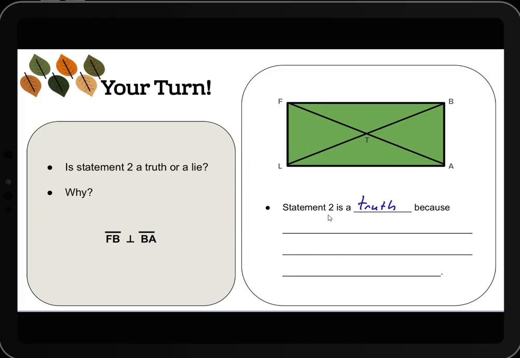And the reason why it's a truth is if you look at FB and you look at BA, FB and BA intersect, in this case, at the angle located at B. Now in our case, we could be specific about that angle, or we can be very generic about that angle.